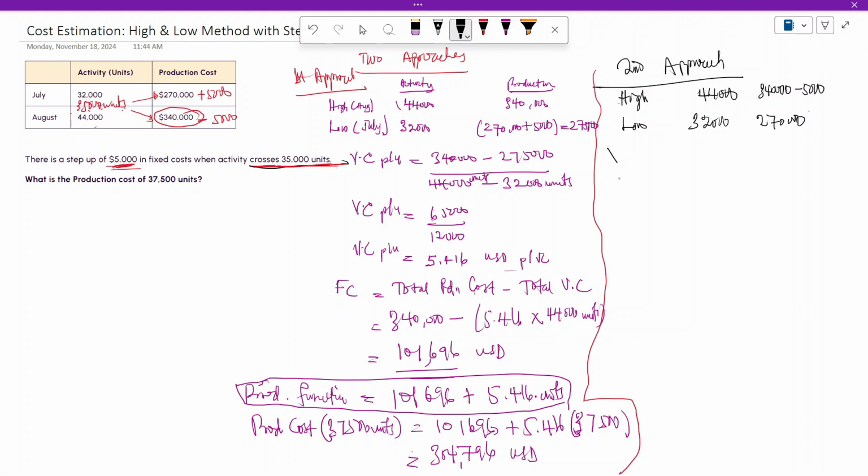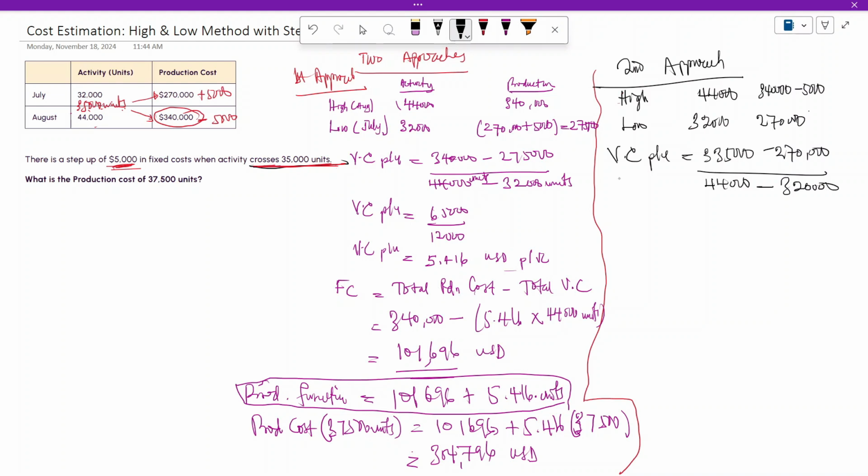So what we are going to get is this. The variable cost per unit is going to be 340,000 minus 5,000, which gives us 335,000, minus the 270,000, all over 44,000 minus 32,000.